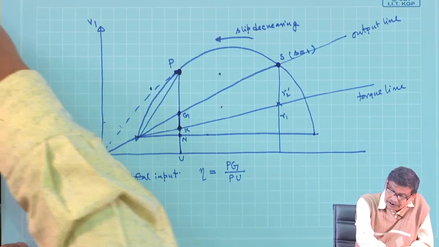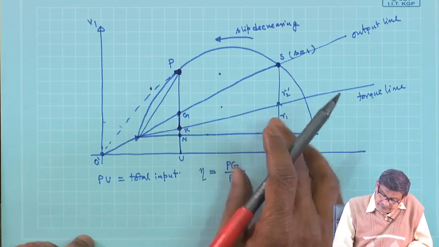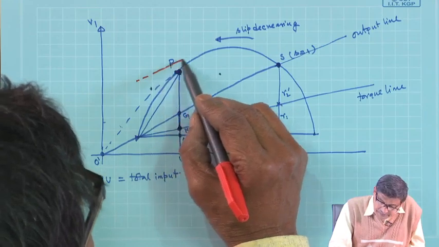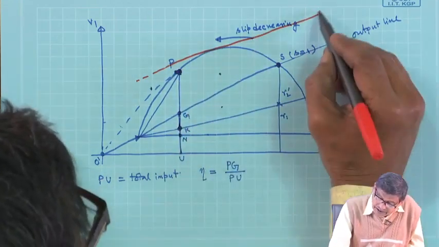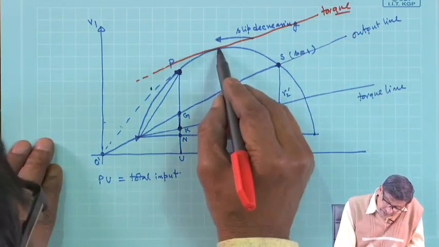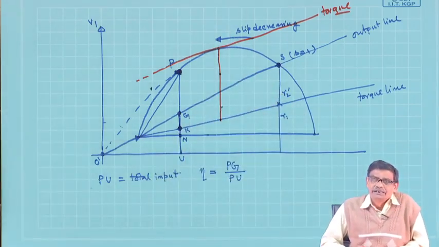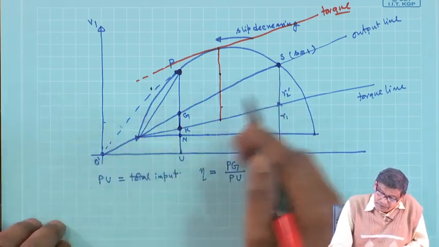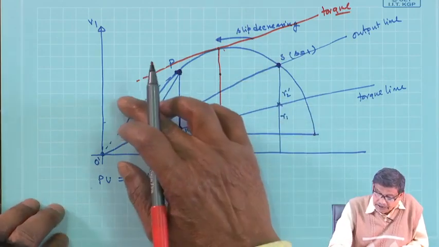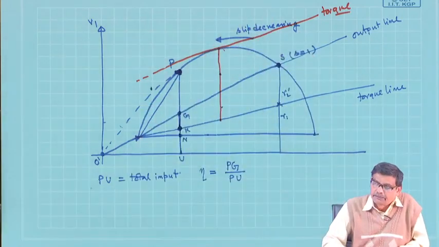Then you have to simply do this thing. Torque line is there, take a set square parallel to this torque line, wherever this is parallel to torque line, then only this interception will be maximum. It can be shown. So, this intercept will be maximum when the operating point is such that if you draw a line parallel to this, then only this segment is maximum.